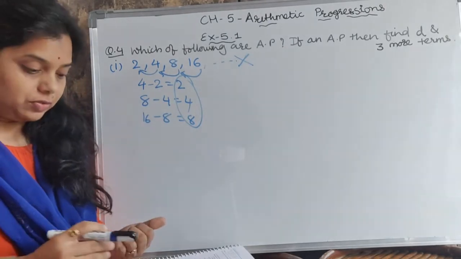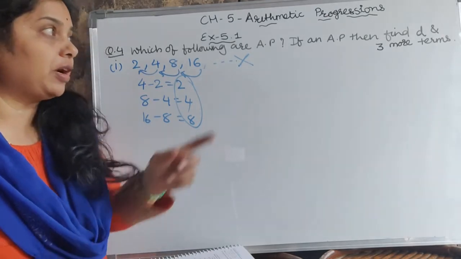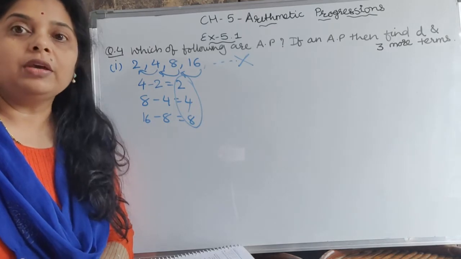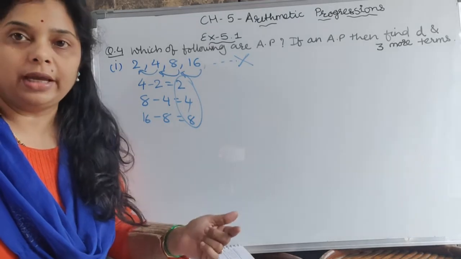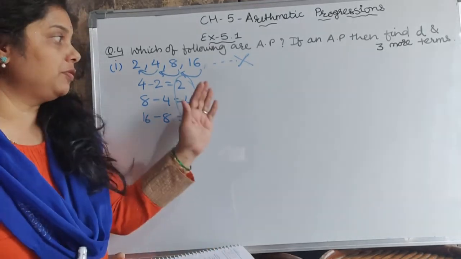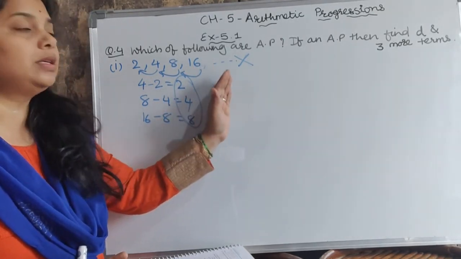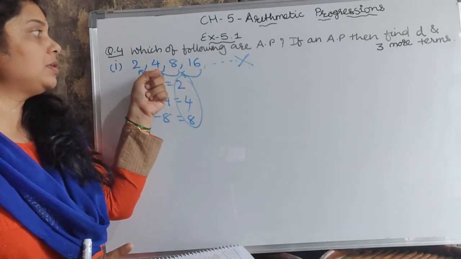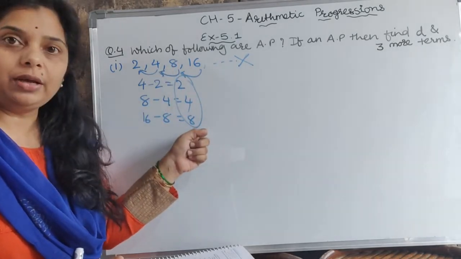If the list of numbers is not an AP, then there is no question of finding 3 more terms. Is it clear to you? If any sequence is an AP, then only you have to move ahead to find the 3 more terms. Otherwise, if it is not an AP, then you just have to show that A2 minus A is equal to 2, A3 minus A2 is equal to 4, A4 minus A3 is equal to 8.